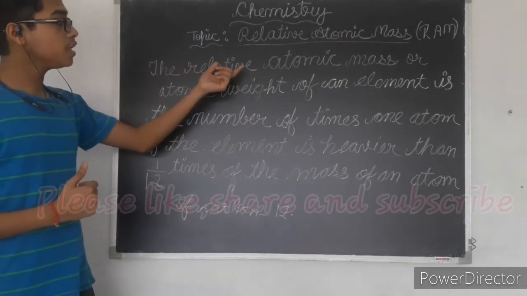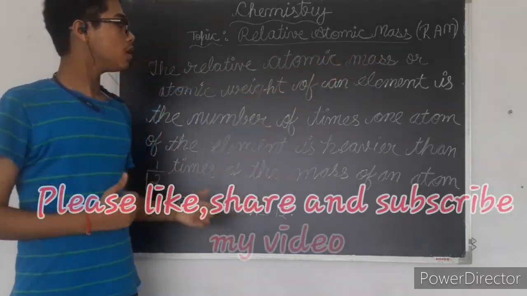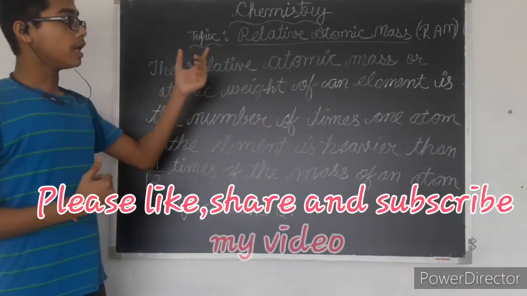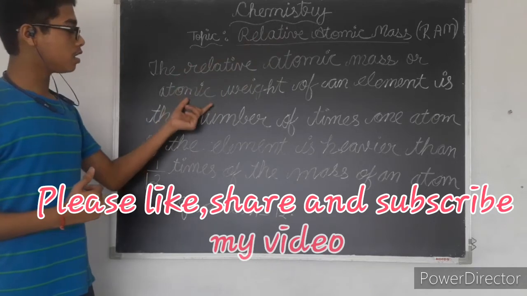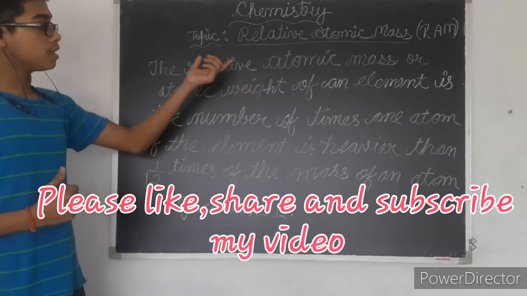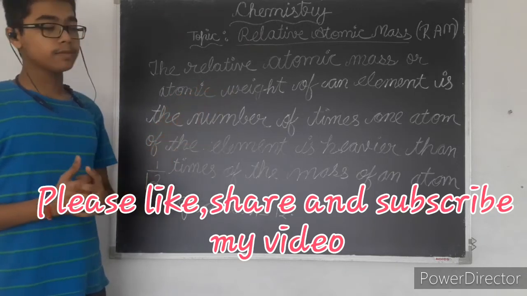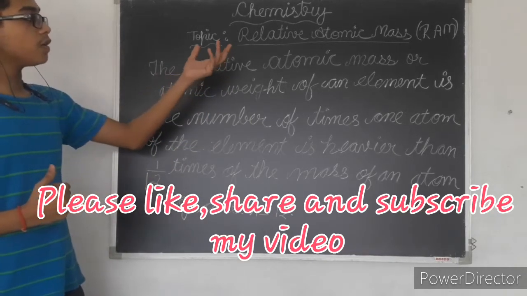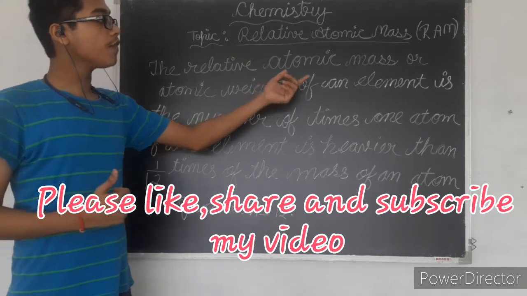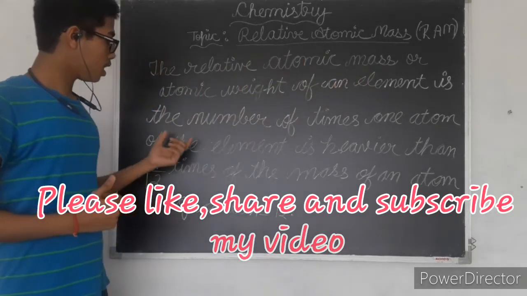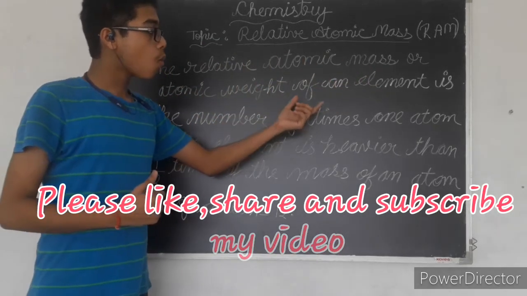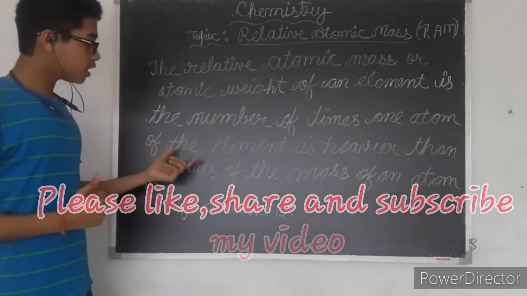The relative atomic mass or atomic weight. This means that relative atomic mass is also known as atomic weight. So the relative atomic mass or atomic weight of an element is the number of times one atom of the element is heavier than 1/12 of the mass of an atom of carbon-12.